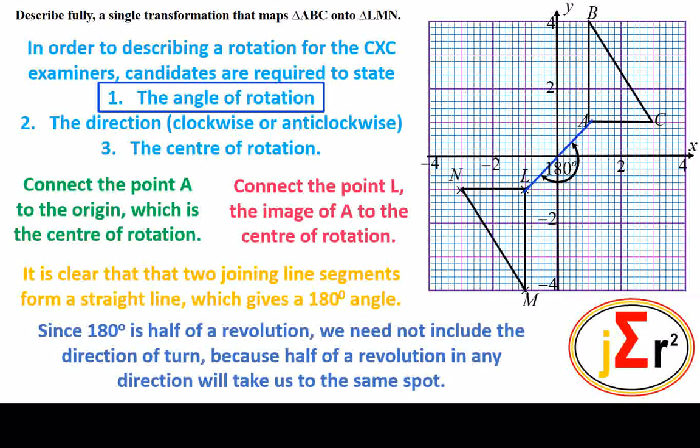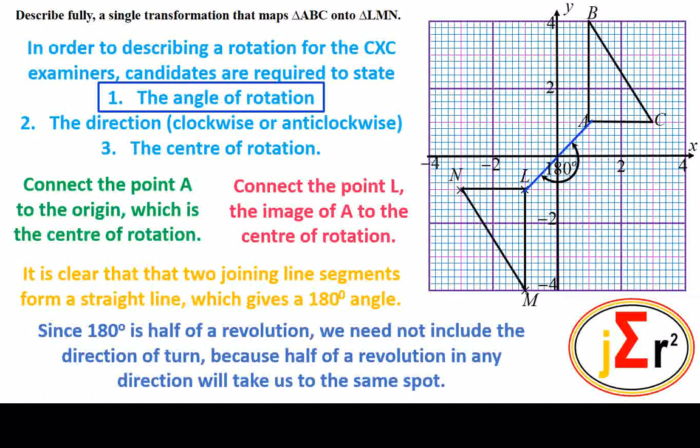What about the direction of turn? Since 180 degrees is half of a revolution, we need not include the direction of turn, because half of a revolution in any direction will take us to the same point.